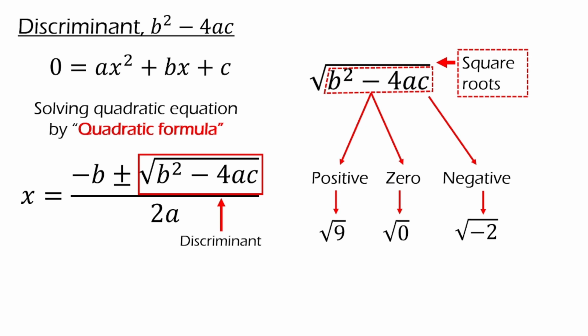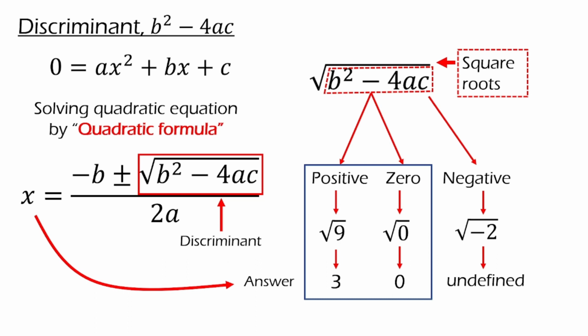If our b squared minus 4ac is positive, in our case square root of 9, you have an answer, which is 3. For 0, we have 0. But when we have a negative number, if you press your calculator, I believe you get a maths error or undefined.